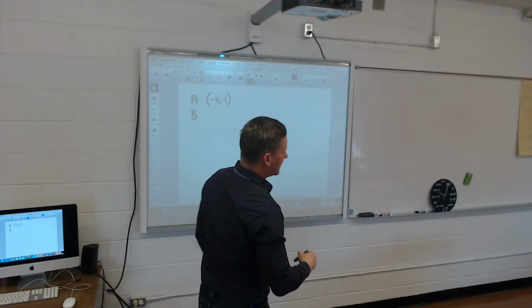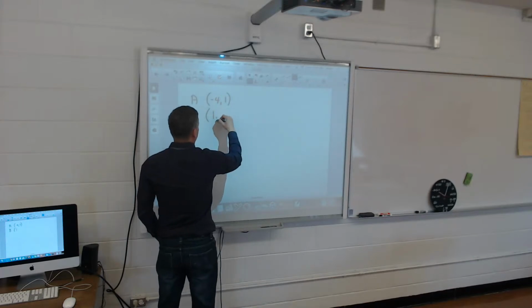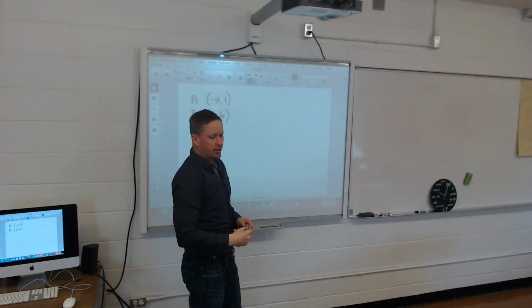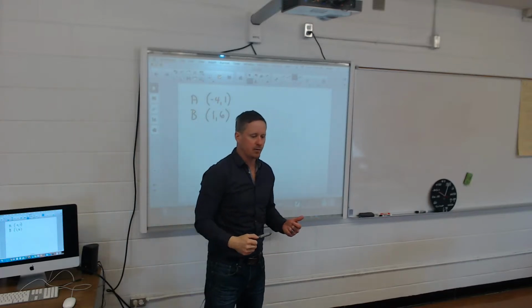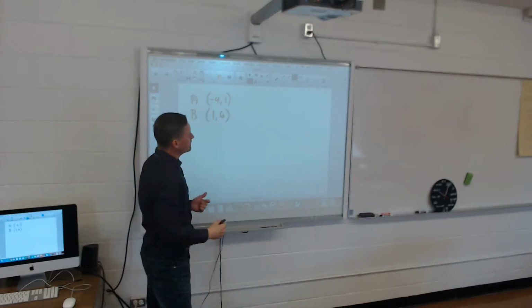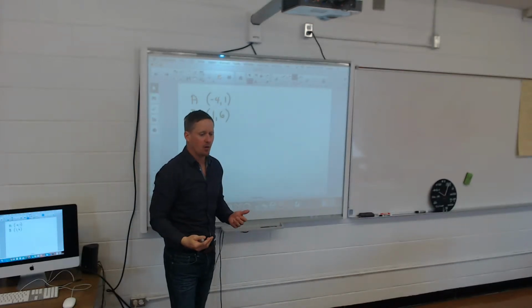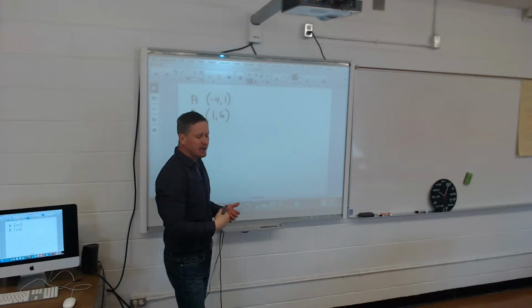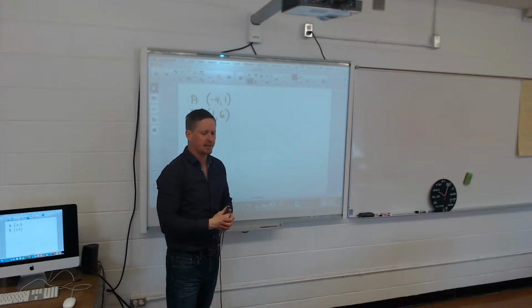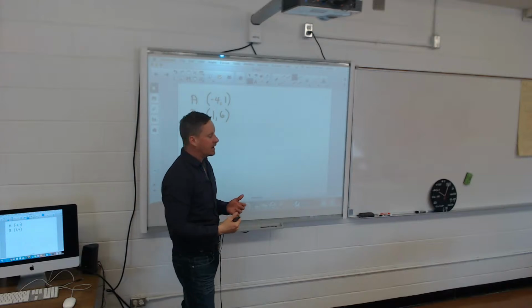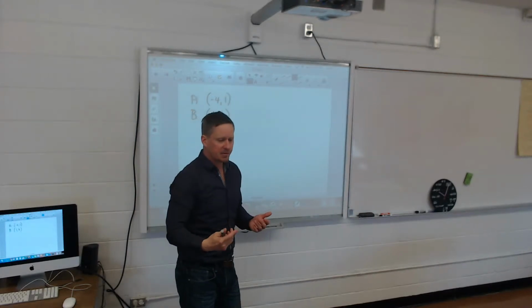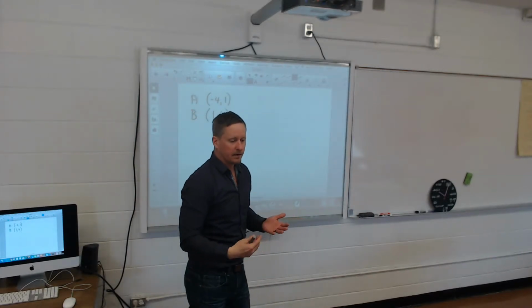B is 1 and 6. Okay, so I'm going to show you two very, very simple ways in which we can complete the slope. The first one is to use my slope equation, in which I use y2 minus y1 over x2 minus x1. And the second one that I can use is to just plot them and count.